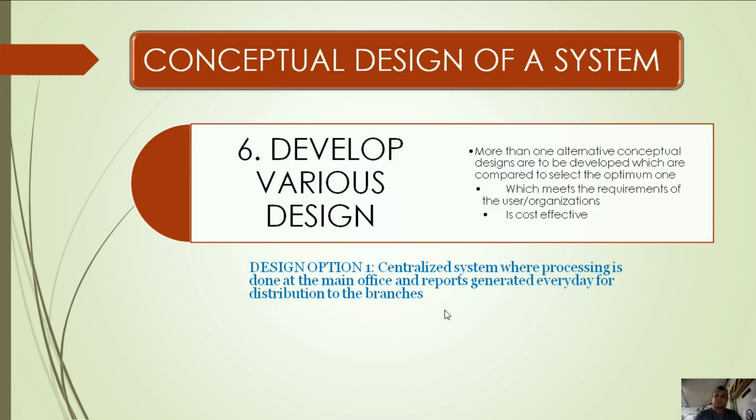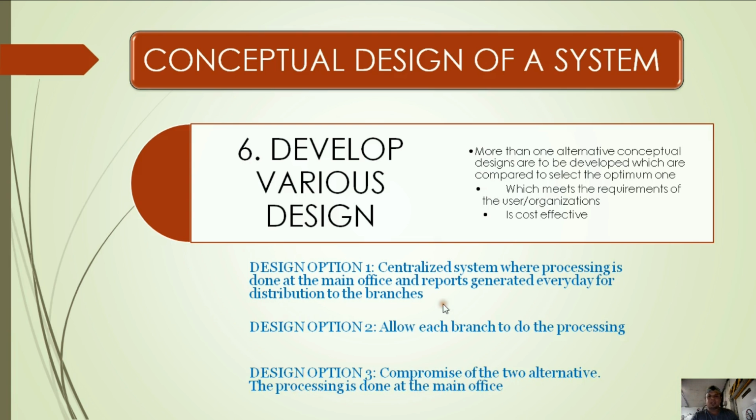Design option one is a centralized system where processing is done at the main office and reports are generated every day for distribution to the branches. The second option is to allow each branch to do the processing. And design option three is a compromise of the two alternatives. The processing is done at the main office, and some information can also be obtained from the branches.